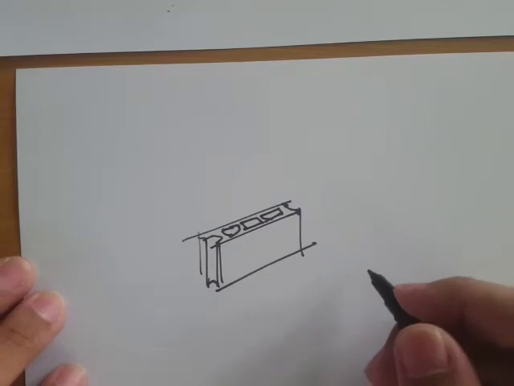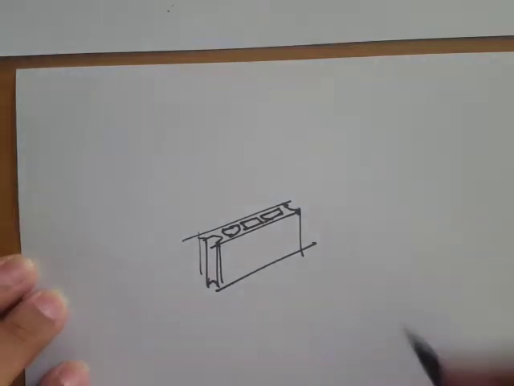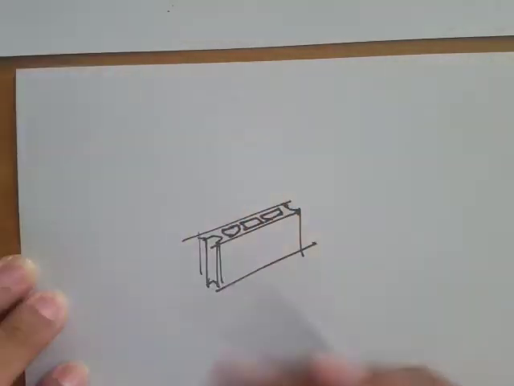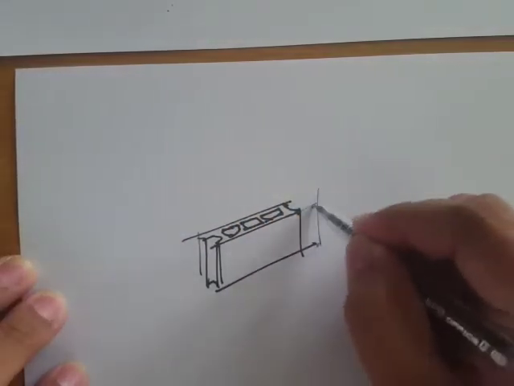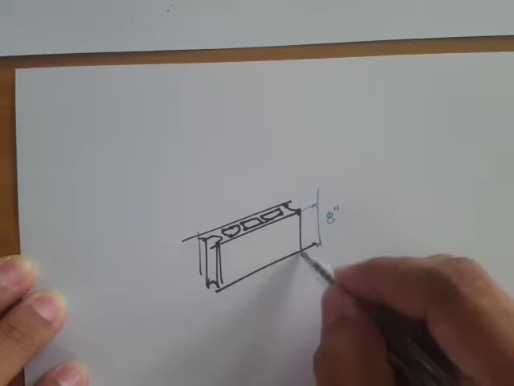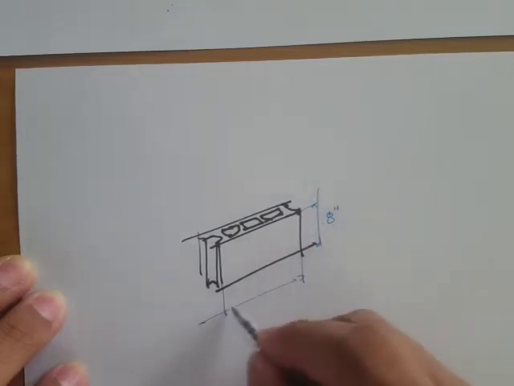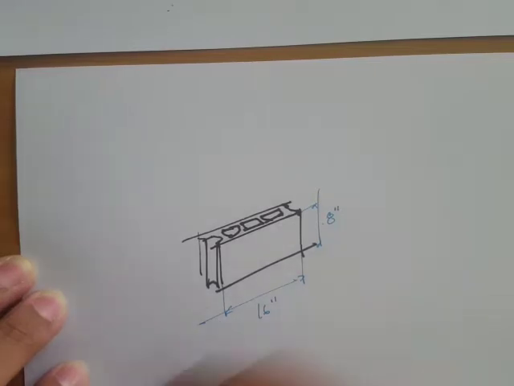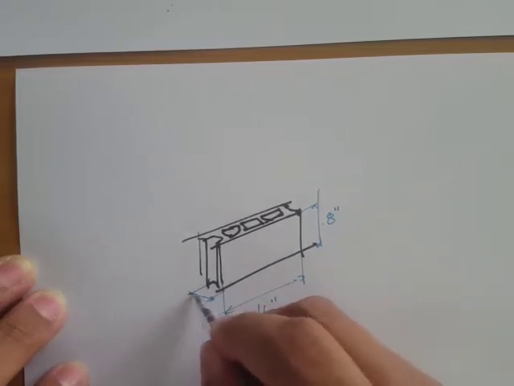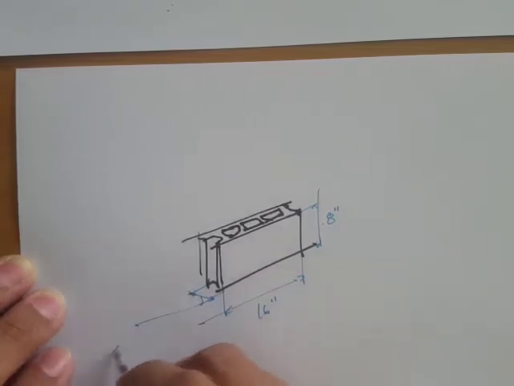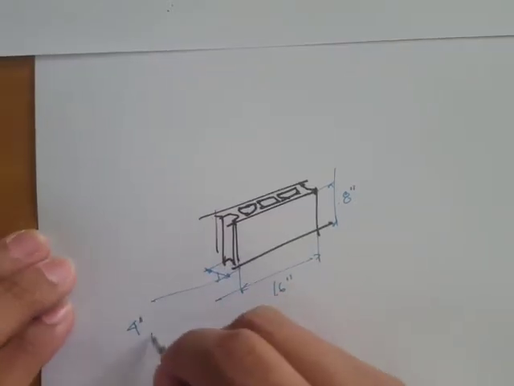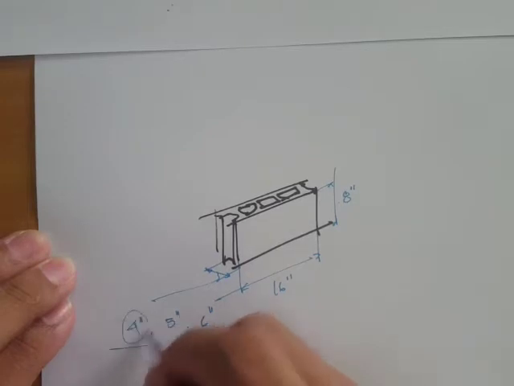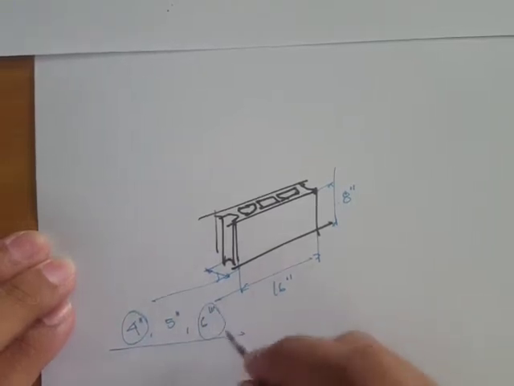So the dimension is we have 8 inches on this side, and then times 2, we have 16 inches. This one is actually the thickness. It can range from 4 inches, 5 inches, or 6 inches. Common ones are probably 4 and 6.